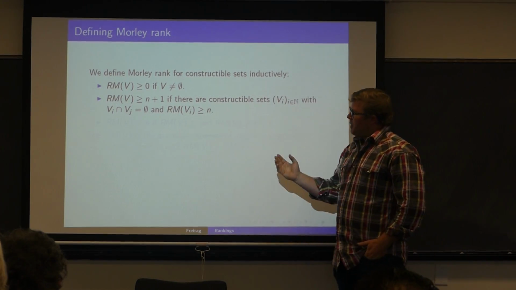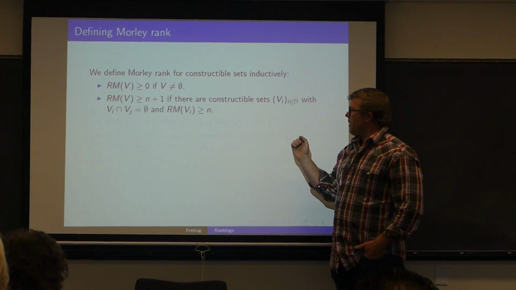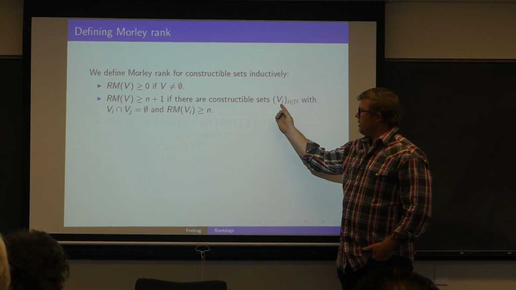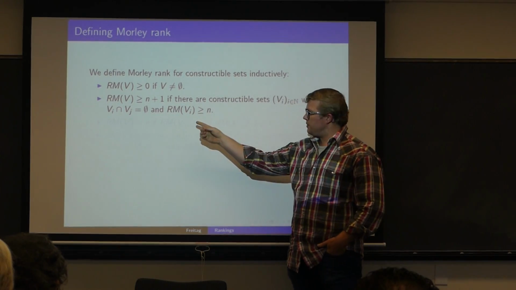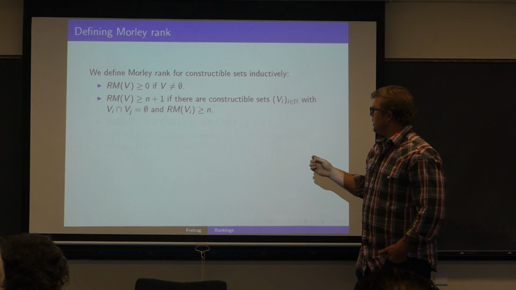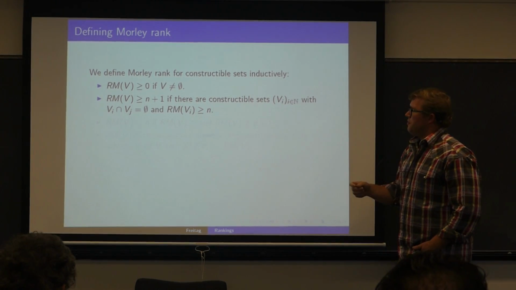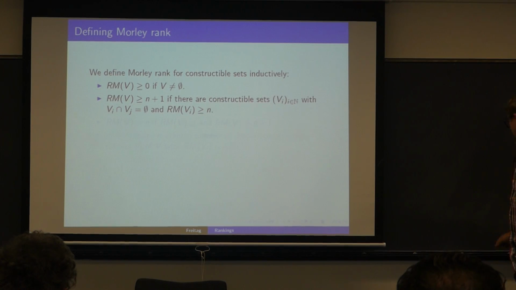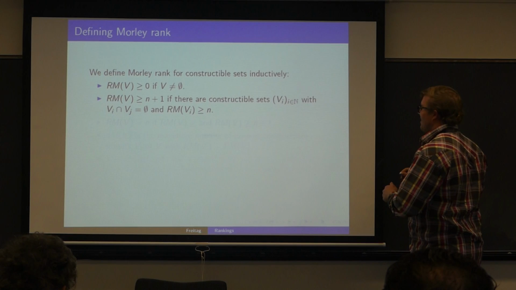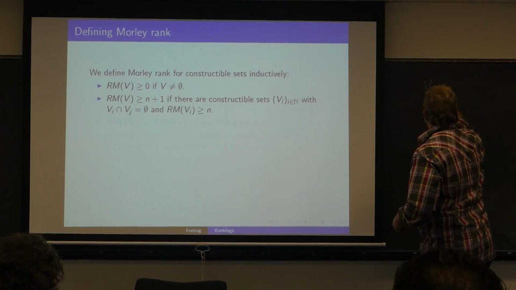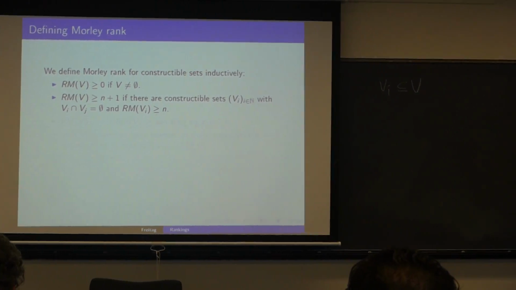And I'll say that V has Morley rank at least n plus 1 if you can find infinitely many constructible sets V_i, pairwise disjoint, each of Morley rank at least n, and V_i is contained in V. I left that out, but it wouldn't be much of a condition on V. So I'm making that assumption as well.